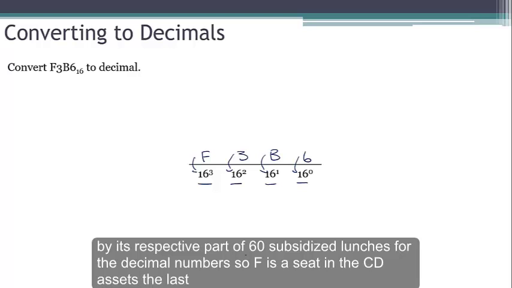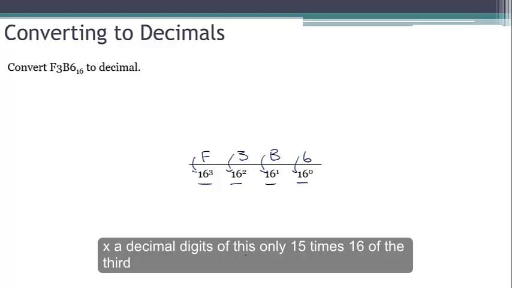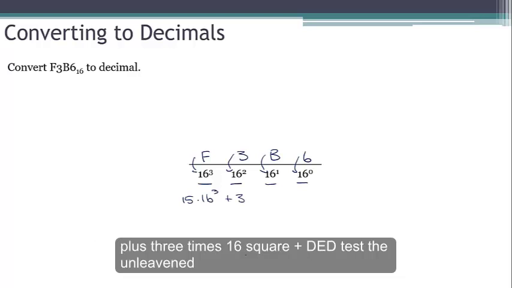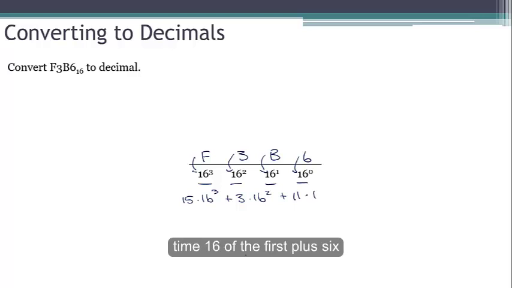So F is, let's see, A, B, C, D, E, F. That's the last hexadecimal digit. So this will be 15 times 16 to the third plus 3 times 16 squared plus B, A, B, that's going to be 11 times 16 to the first plus 6 times 16 to the 0.